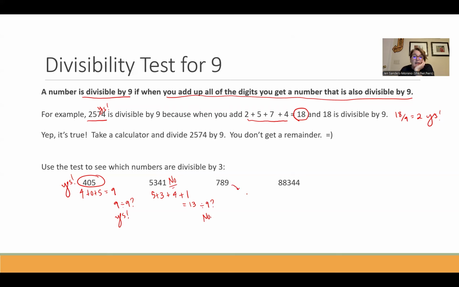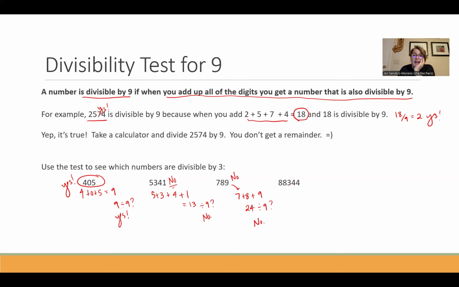All right, let's go to this one. 7 plus 8 plus 9. Let's see. We did this one earlier, just the last screen back for 3. So I think we got 24. Right? 7 plus 8 is 15. 9 more is 24. Is 24 divisible by 9? No. So this is divisible by 3, not divisible by 9.